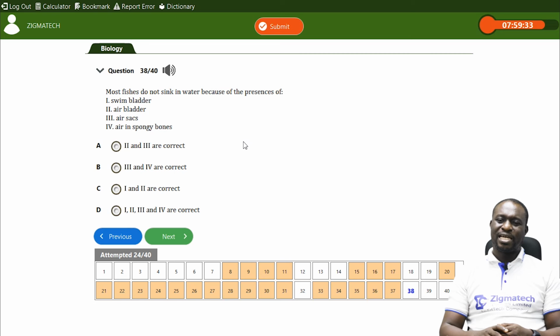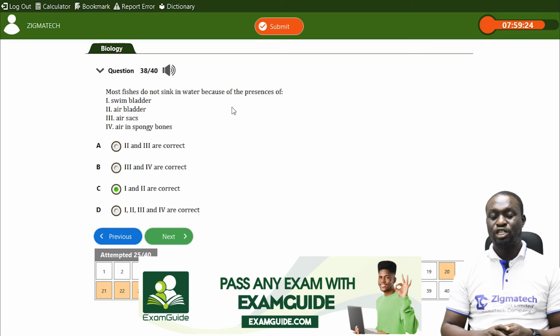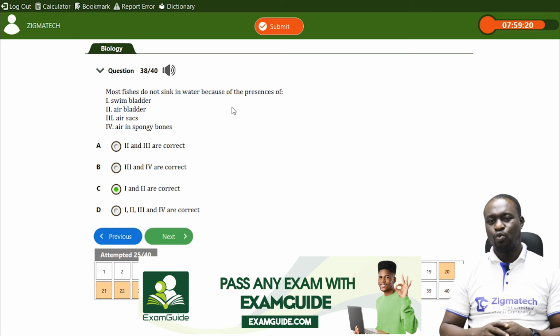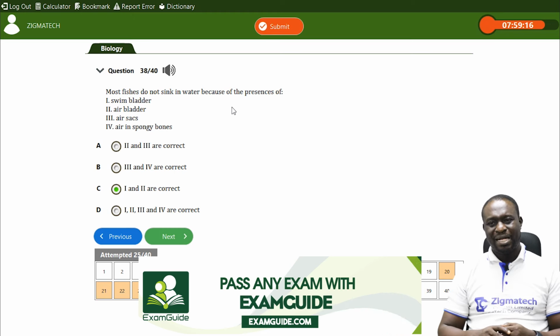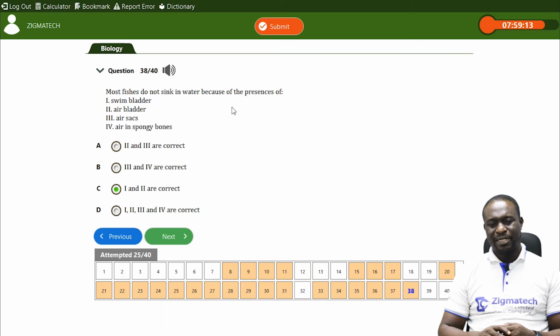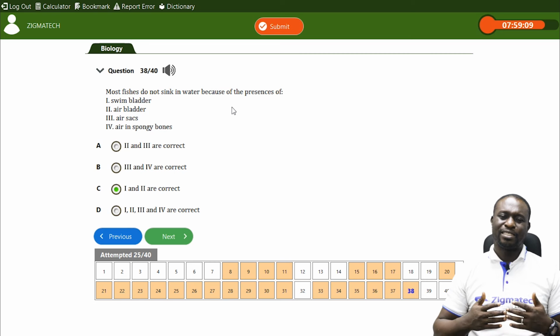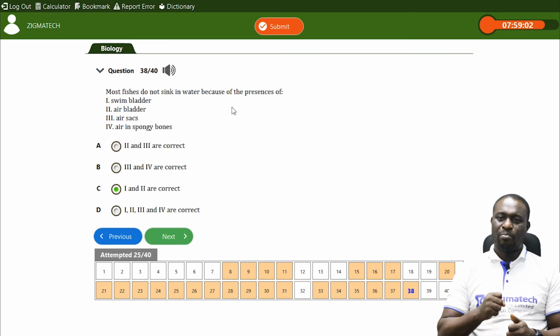Now the correct answer is 1 and 2, and that is option C. Both the swim bladder and the air bladder help fishes to float in water, or give them buoyancy. Buoyancy simply means ability to float.